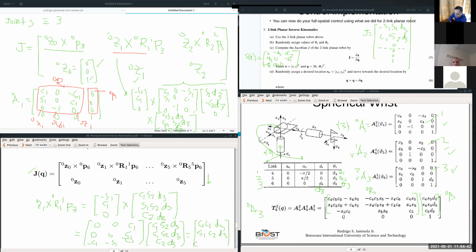In this case there's a negative sign, so that part here is minus C1 squared times S2 D3, minus S1 squared, S2 D3.